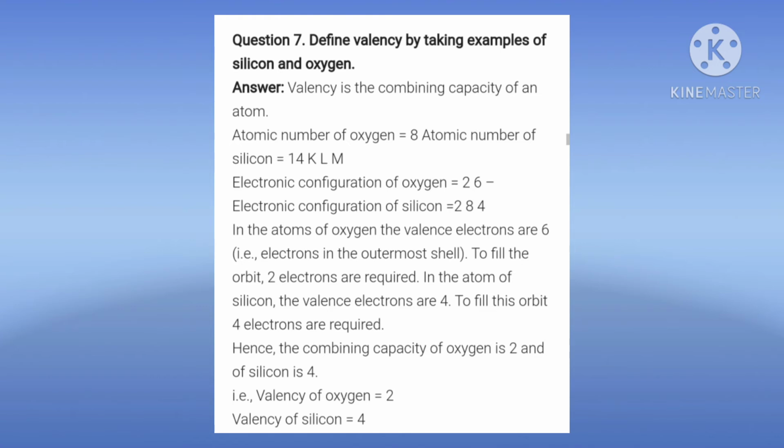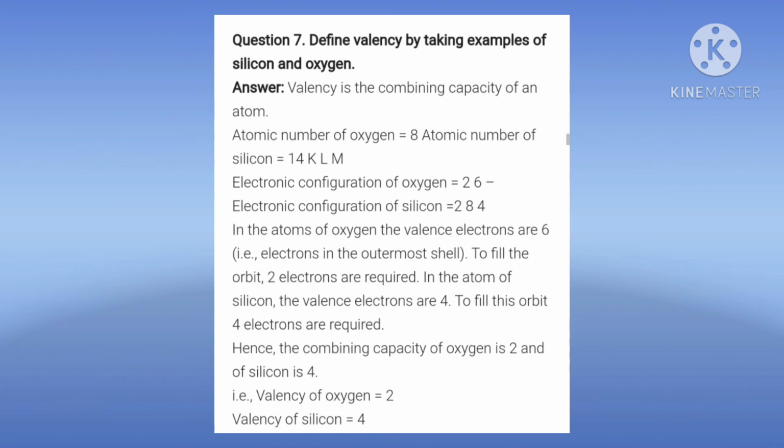So 2, 6. And if we go to silicon, then in the K shell first 2 will be filled, out of 14. Then the next remaining is 12. After that, of the 12, 8 will be in the L shell, because the highest number of electrons in the L shell should be 8. After that the valence electrons in the M shell will be 4. In the atom of oxygen, the valence electrons are 6.